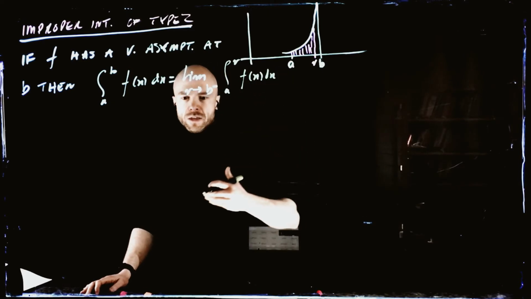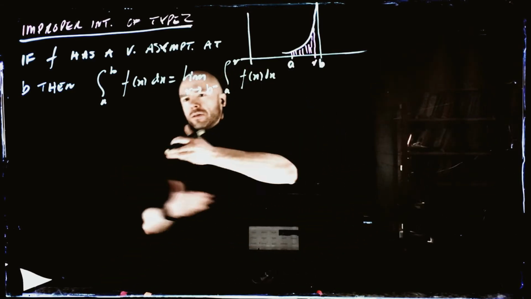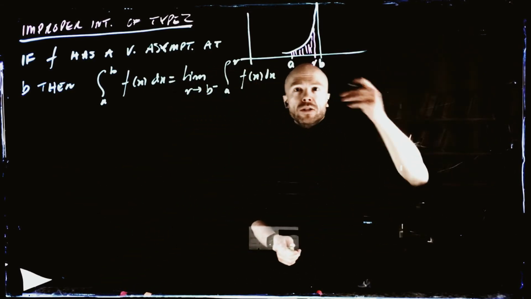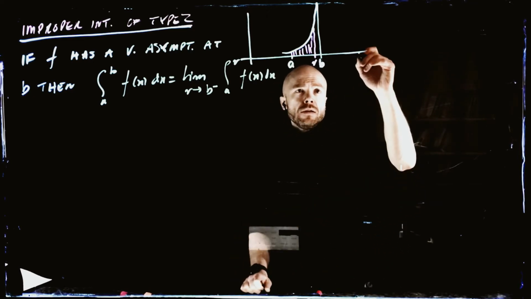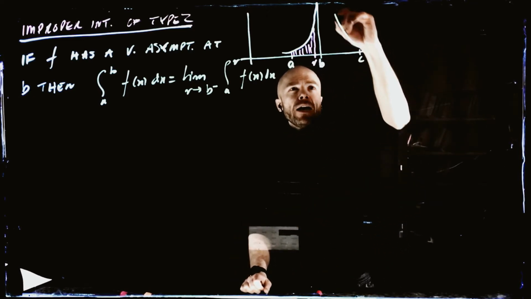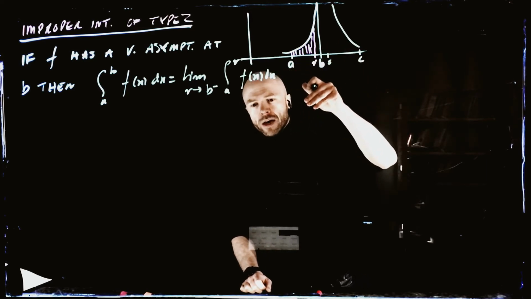And that's all it can be. And the same thing if we go from the other side, so if we want to integrate from c to b, then we're going to have to take the limit as s goes down towards b from the right-hand side.